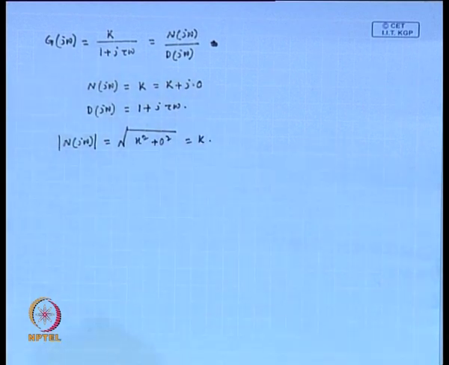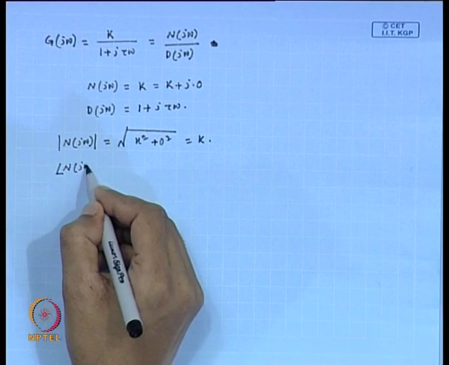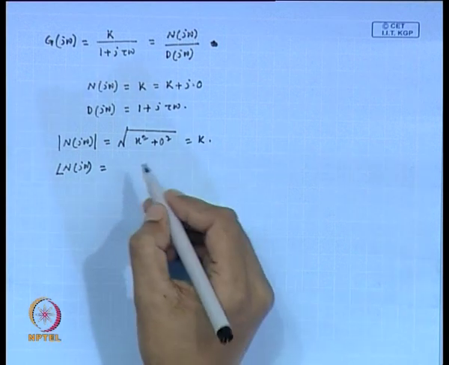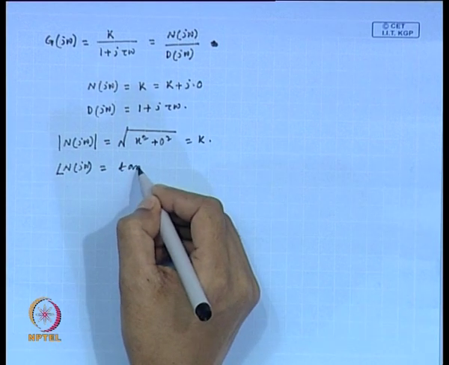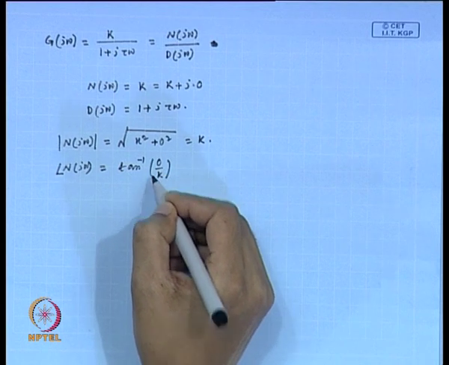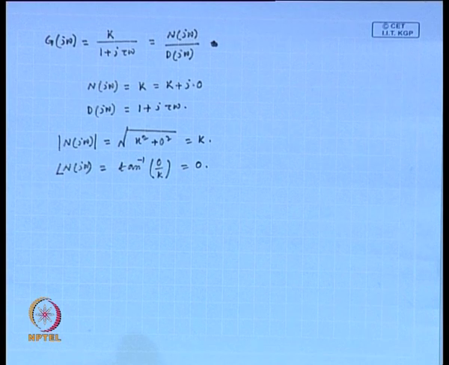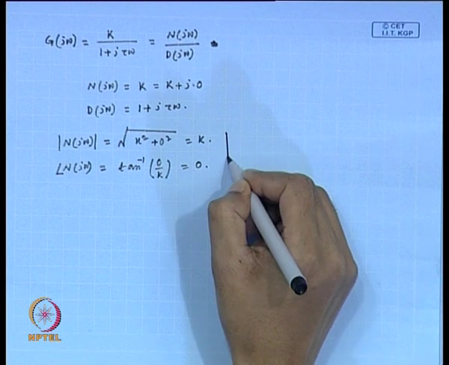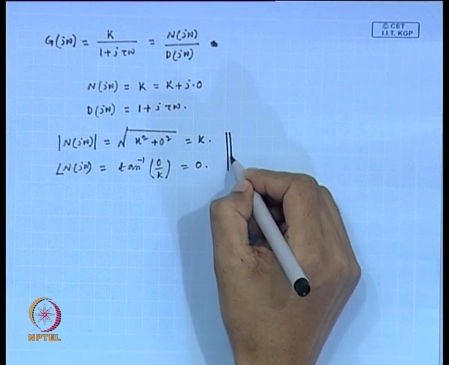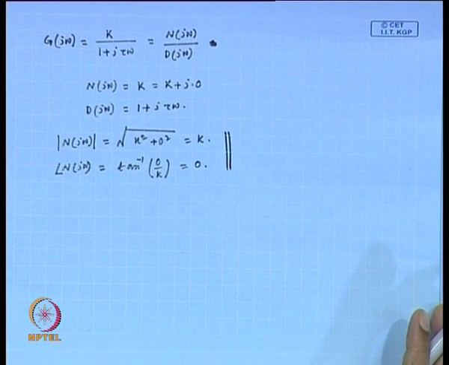K, and the argument is equal to tan inverse 0 by K, which is equal to 0. So, we obtain the magnitude and argument for the numerator.